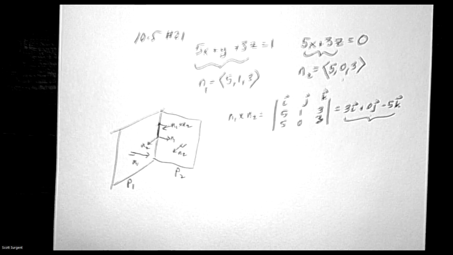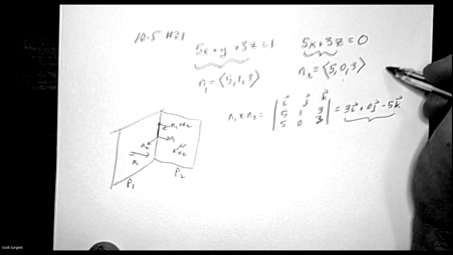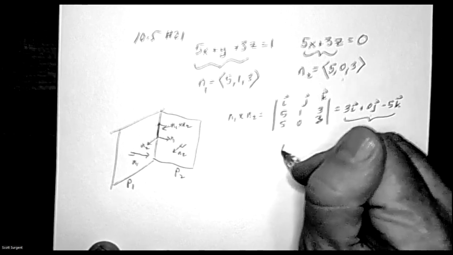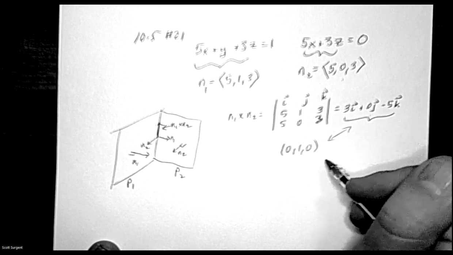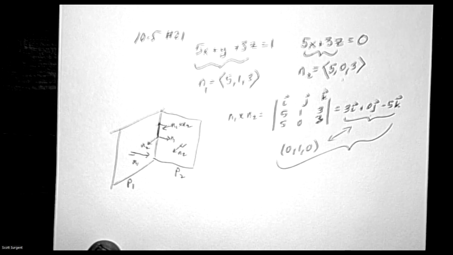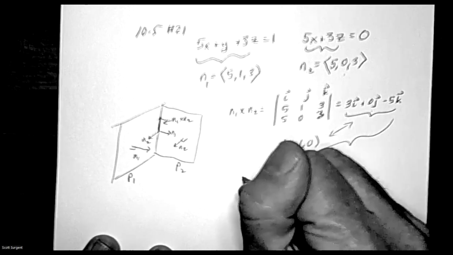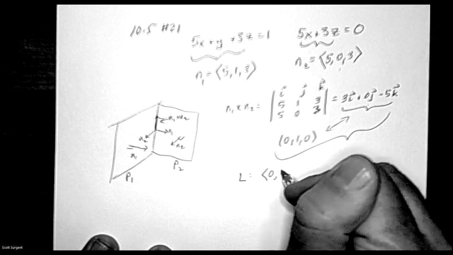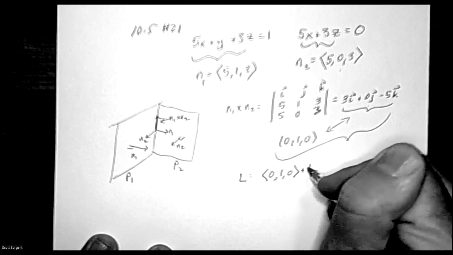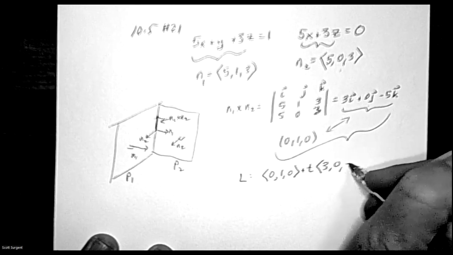And then use parts A and B to find a vector equation for the line of intersection of the two planes. Well, we know that the pass-through point from the first part was 0, 1, 0. So I can just take these two together, and my line will be the vector 0, 1, 0 plus t times 3, 0, -5.